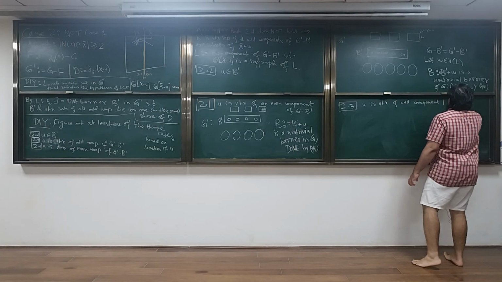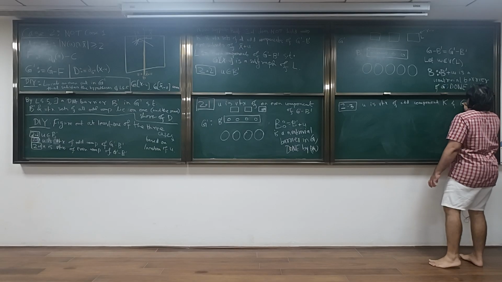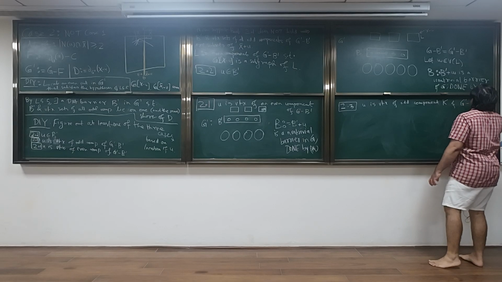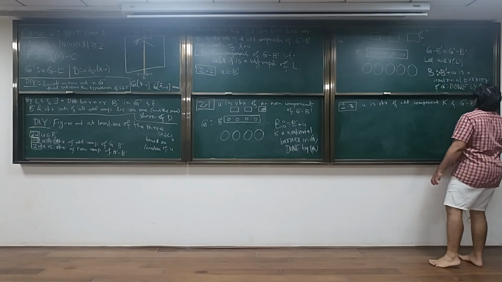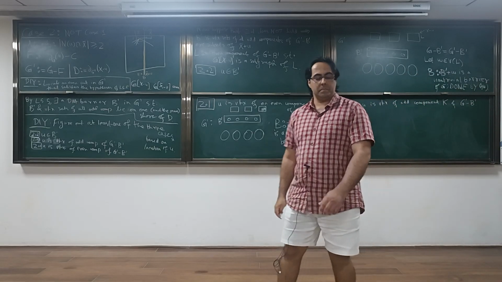Let me call this component K of G prime minus B prime. This is a case that remains.